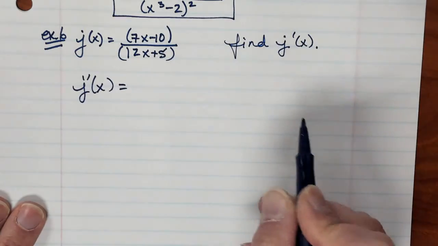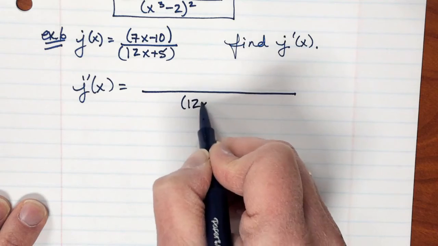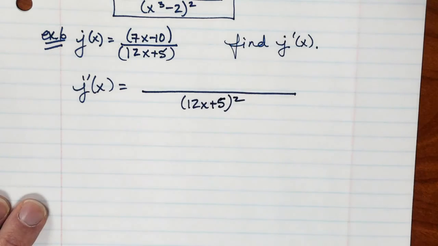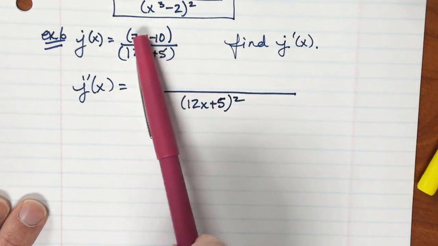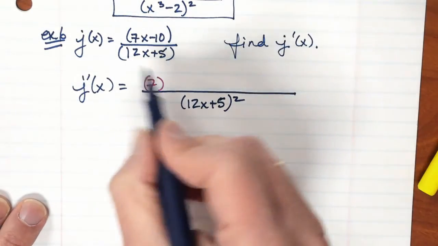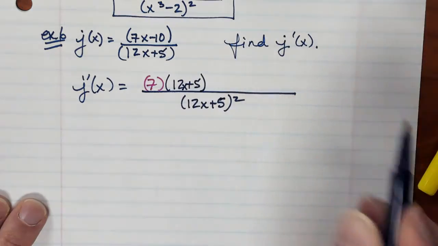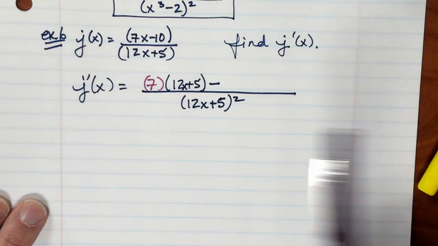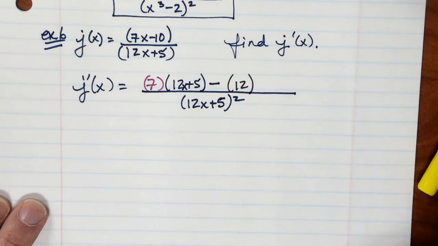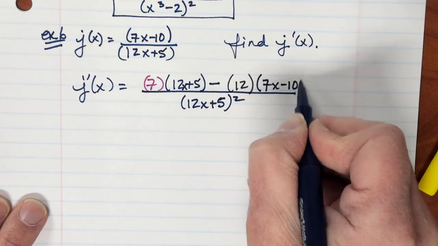The derivative is going to be all over this 12x plus 5 squared, right? Do that first, so you don't forget it. Now go back up, take the derivative of the numerator, which is 7, times our denominator, which is 12x plus 5. Whoops, almost lost my x there. Minus the derivative of the denominator, which is 12, times function f, or the numerator, which is 7x minus 10.